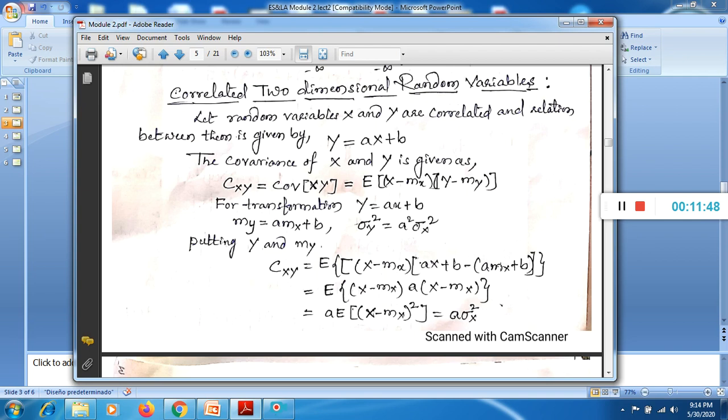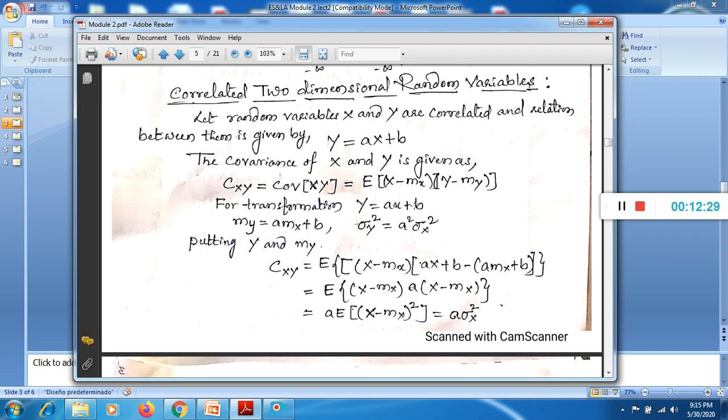Once we do the substitution, after solving this, ax plus b minus amx minus b, the b and b get cancelled and a can be taken out, so we can write it as a times e of x minus mx the whole square, which is equal to a into del x square.